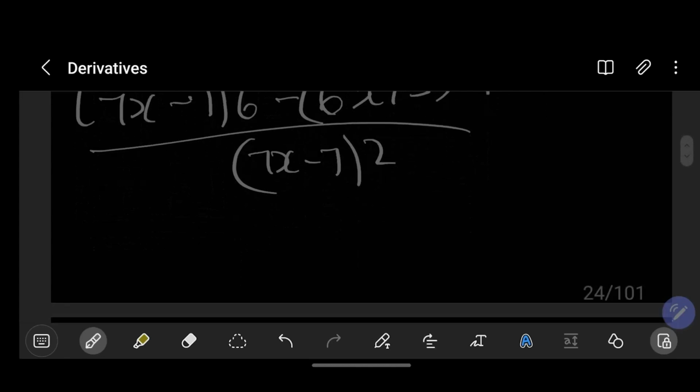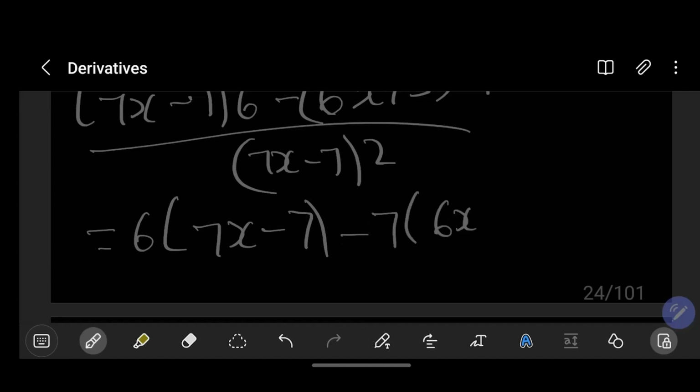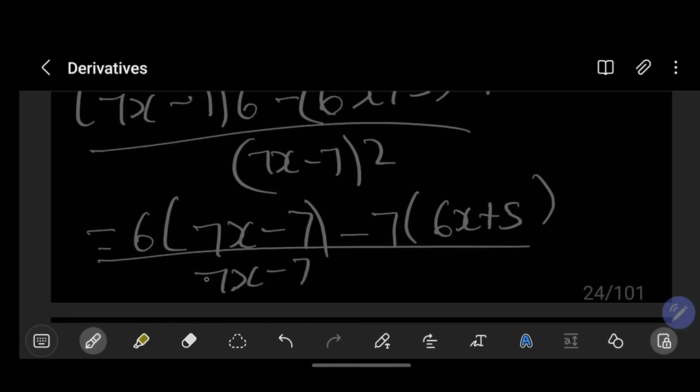So that we now have, or we can show this as we can bring 6 into (7x minus 7) minus 7 times (6x plus 5) all over (7x minus 7) all squared.